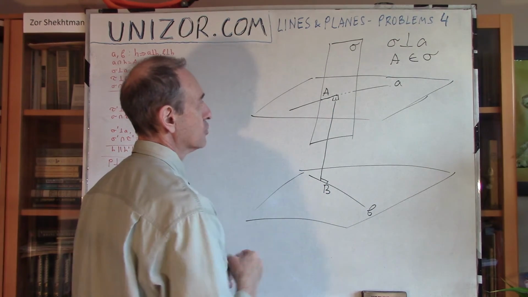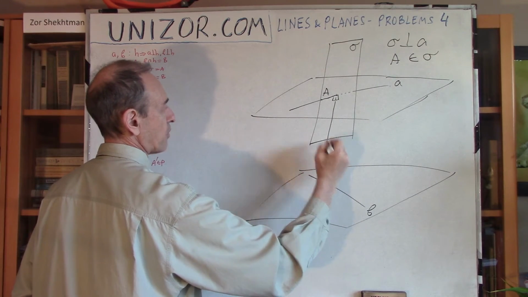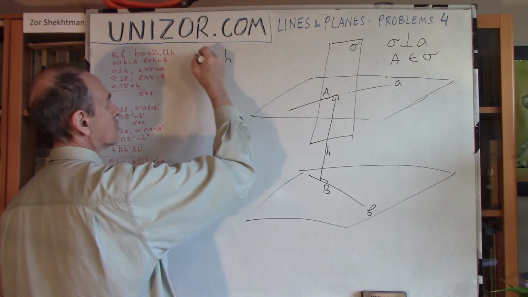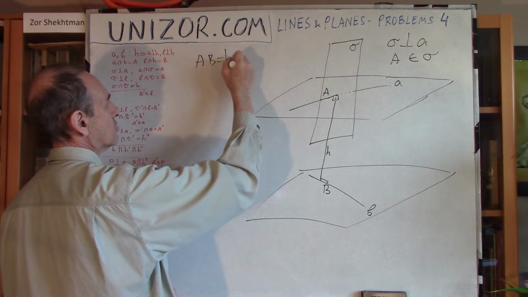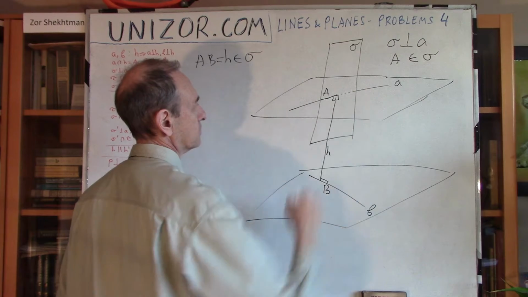So AB, let's call it the common perpendicular H, equals H, and it's supposed to belong to my plane sigma.